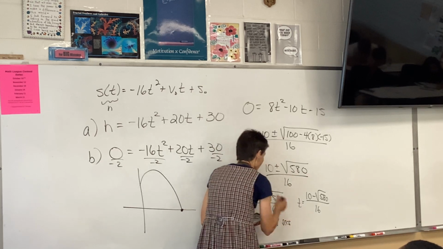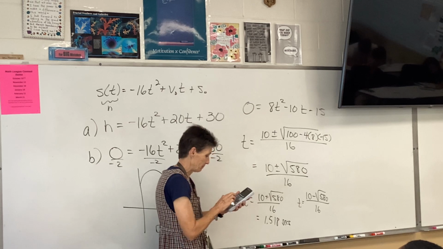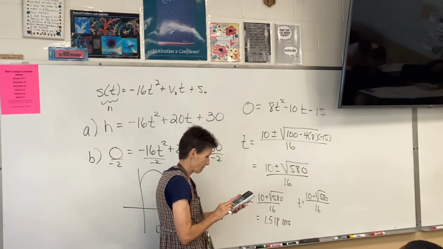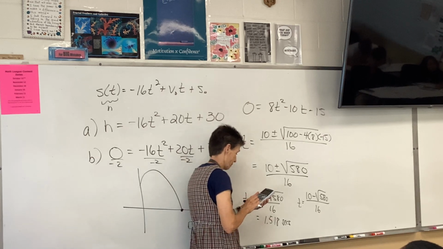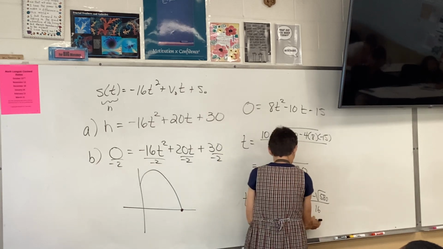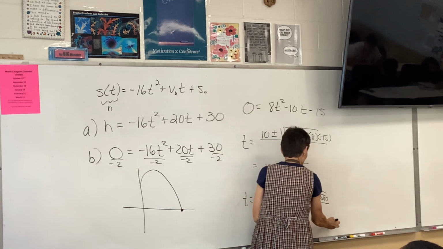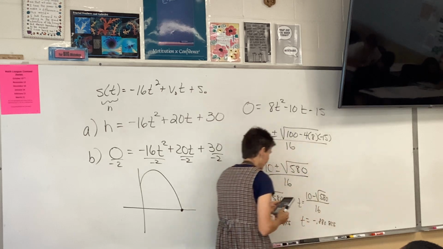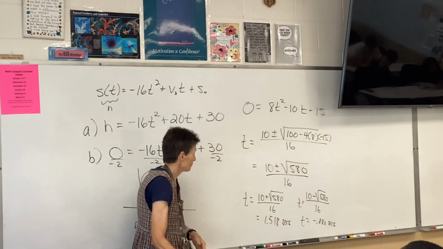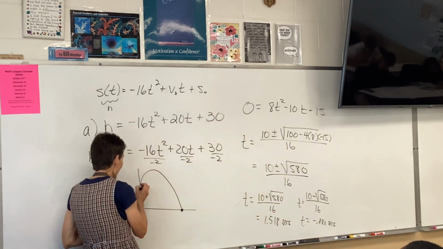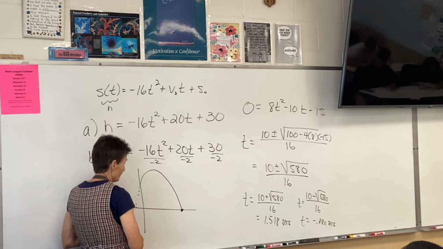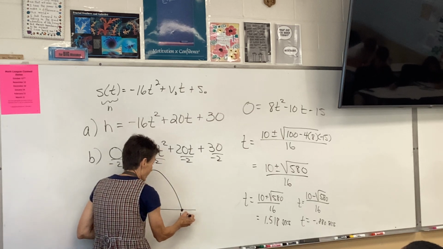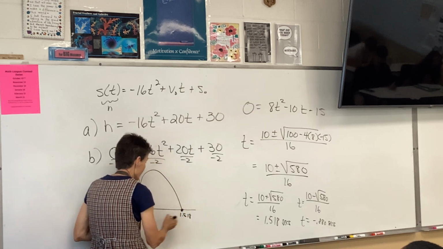Seconds. And negative 0.880 seconds. Again, if you graphed this on your calculator, you should have gotten 1.518.